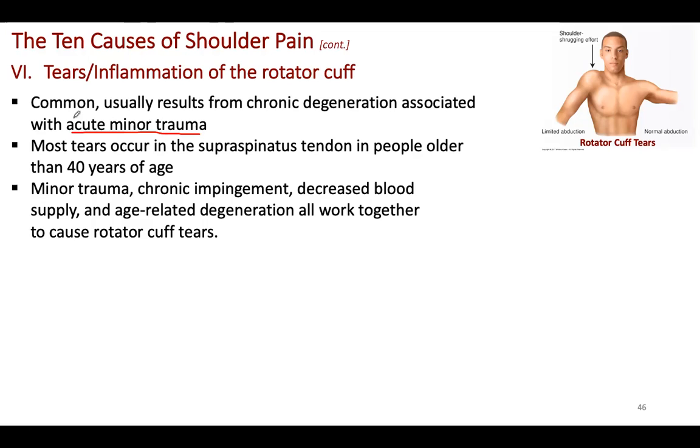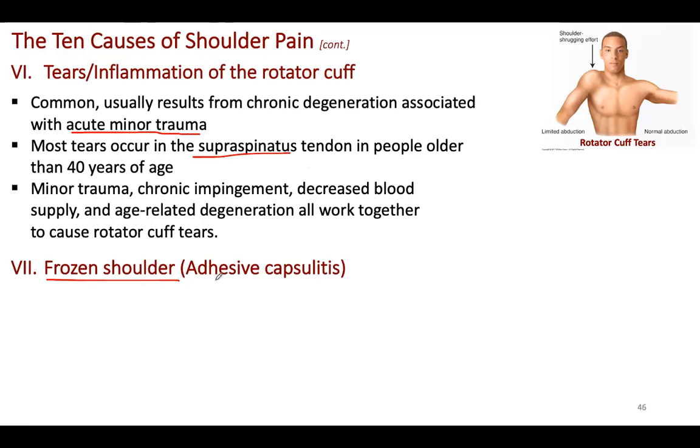So chronic overuse or chronic trauma usually affects the supraspinatus and might need surgery. Frozen shoulder. This is the sequela or the complication of a rotator cuff inflammation. Inflammation of the rotator cuff, for whatever reason, might heal with fibrosis.